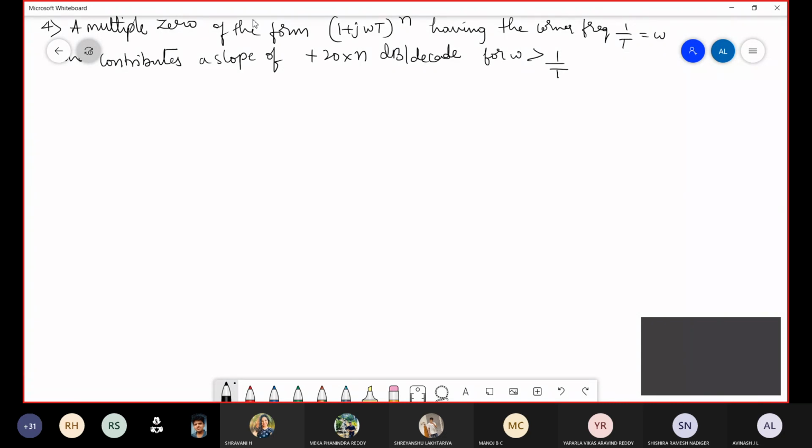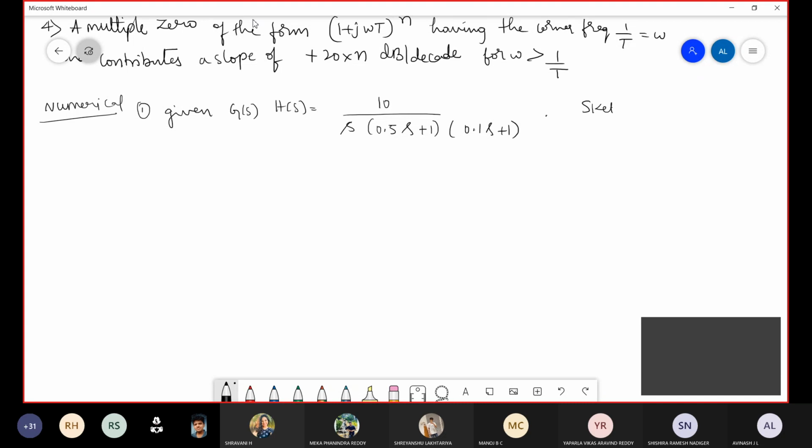So write down the first numerical. Given: G(s)H(s) is equal to 10 divided by s(0.5s + 1)(0.1s + 1).